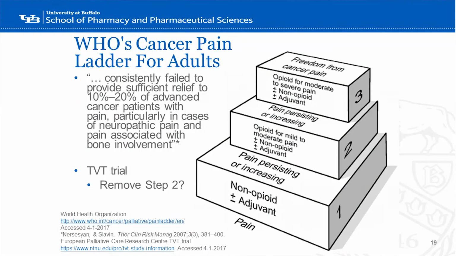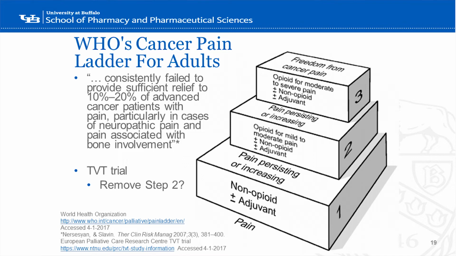So this is the World Health Organization's cancer pain ladder for adults, and I believe that's been presented in previous parts of this series. One thing that's important is that we've studied this ladder since its inception and found that there are some times when it doesn't necessarily meet the needs in a cancer patient.